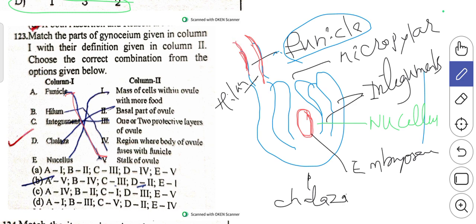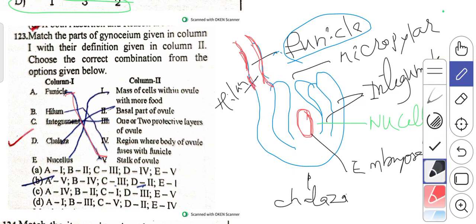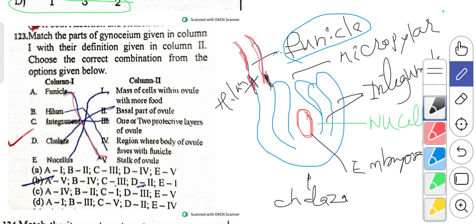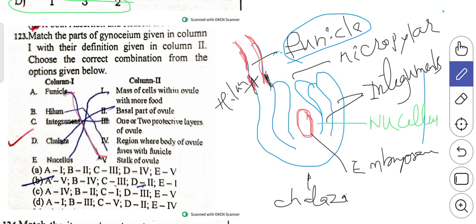Then they have given hilum. So this part, which is given in an ovule, is commonly called the region where the body of the ovule fuses with the funicle. So it is a junction between the ovule and the funicle. So the fourth answer is the right one here.